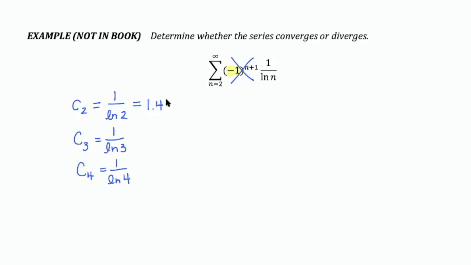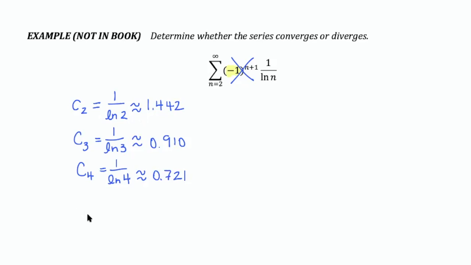So the first one is approximately 1.442. Then we have approximately 0.910, then approximately 0.721. So it does appear that the terms are decreasing.